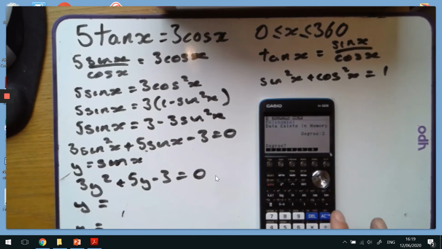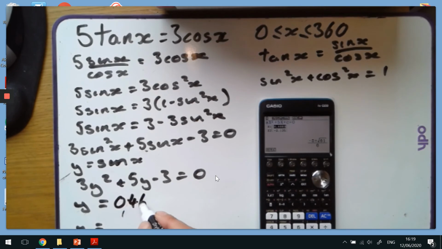It's a polynomial function. I'm going to solve that quadratic. Okay, so I'll go to 4 decimal places.